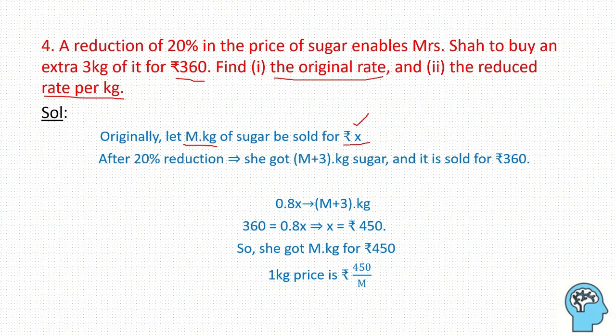So the price is x rupees and quantity is m kgs. After a reduction of 20%, she is able to buy m plus 3 kgs of sugar.